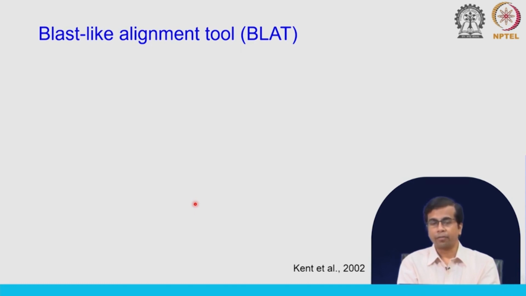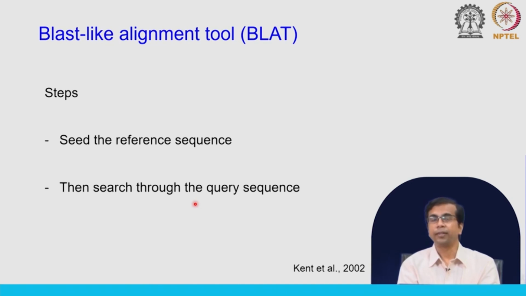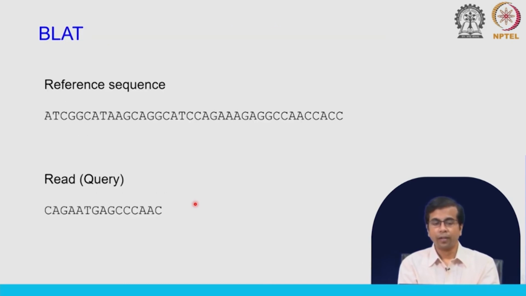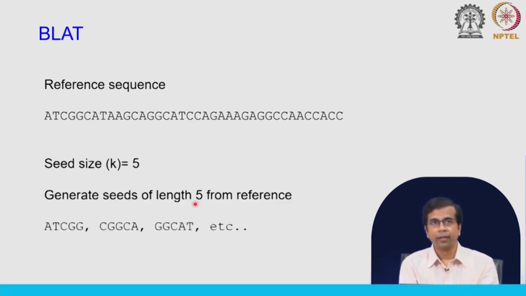So, how does it work? It seeds the reference sequence. These are the steps. It seeds the reference sequence and then it searches through the query sequence. Again we go back to the example, where we have this reference sequence and the read sequence or the query sequence, and we take the same seed size and generate seeds of length 5 from the reference.